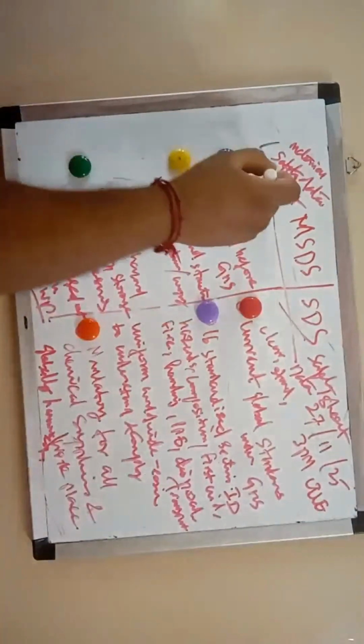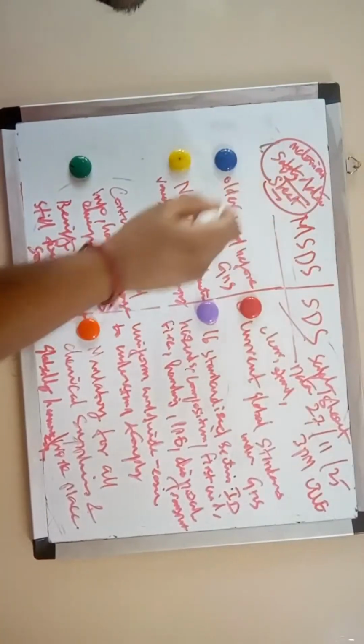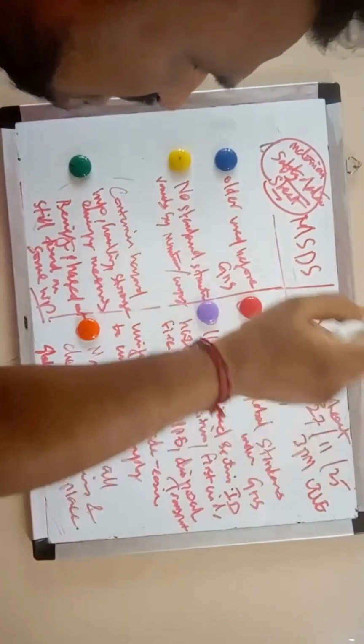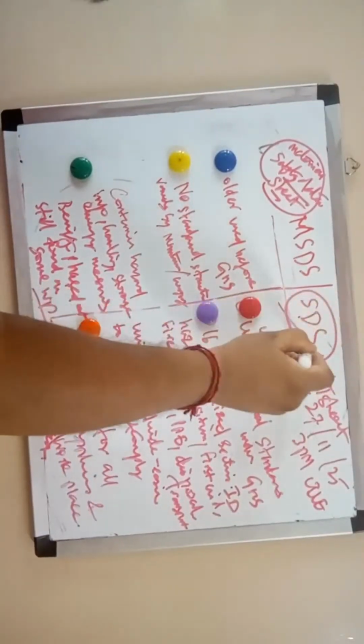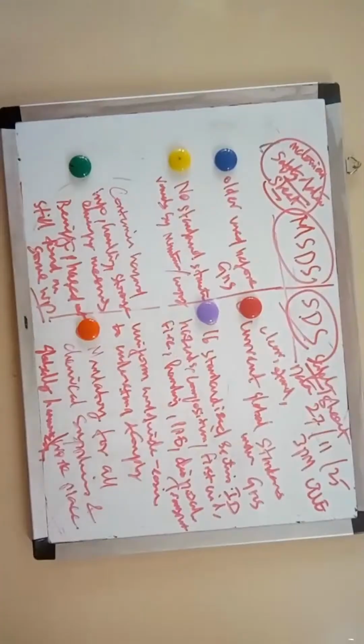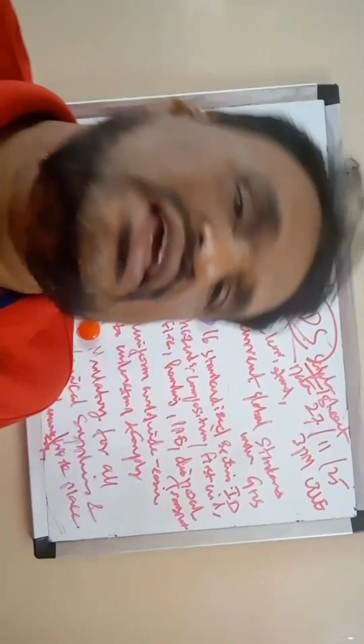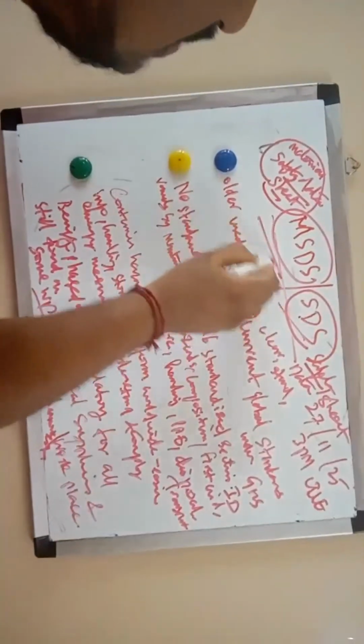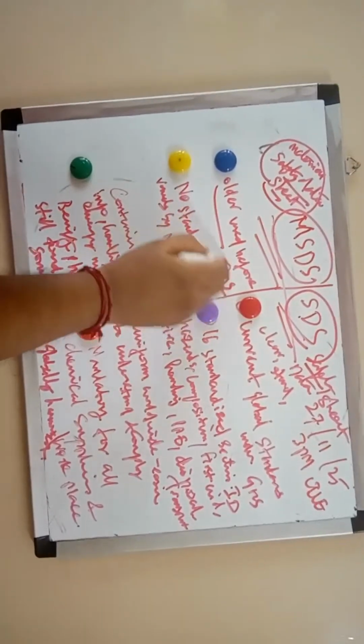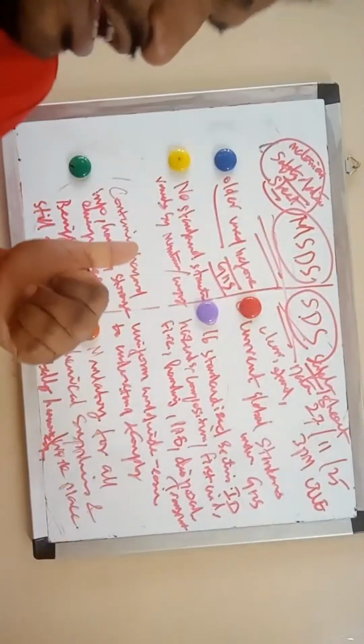So we have the Material Safety Data Sheet, and then the Safety Data Sheet. This is the new one, and this is the old form. MSDS, Material Safety Data Sheet, is the old one. The SDS is the current one. What is the difference between MSDS and SDS? MSDS is a term used before GHS, so it is an old form, before GHS.